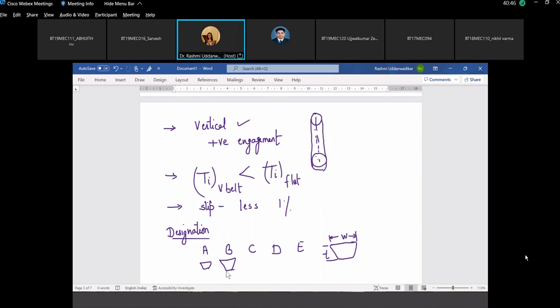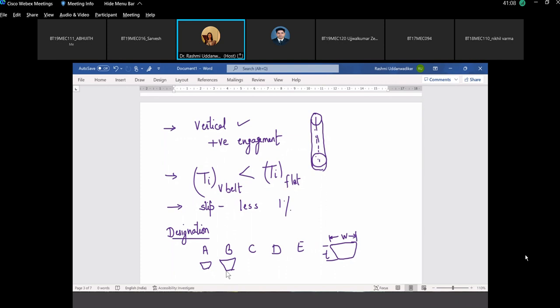So depending upon the power transmitted or the power transmission capacity, each kind of belt designation or the code ABCDE is selected for the required range of power. Now you see the range of power for A is 0.35 to 3.5 kilowatt.